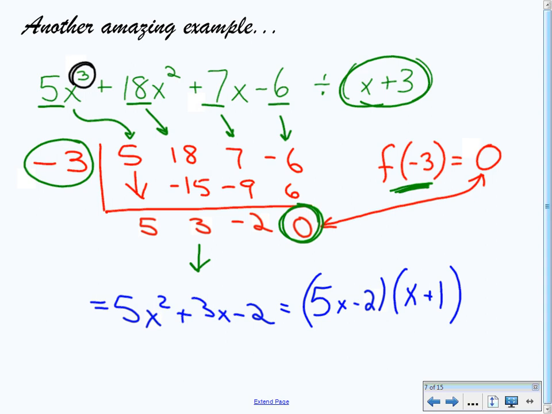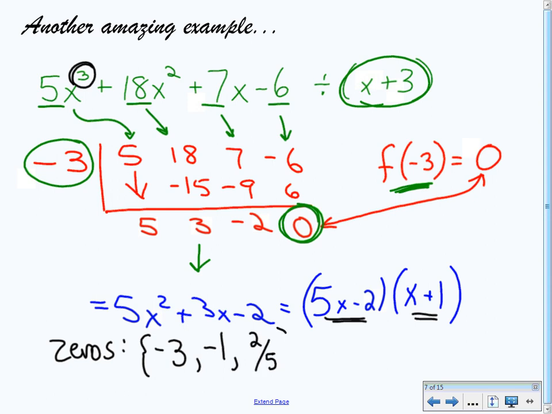And the zeros are, let's see, zeros are 0, nope, sorry, negative 3. Let's see, I got a 0 here at negative 1. And the 0 of this factor, remember, you have to set that equal to 0 and solve it. It'll be positive 2/5. So those are the 3 zeros for this function.